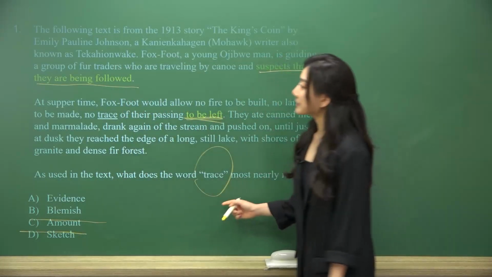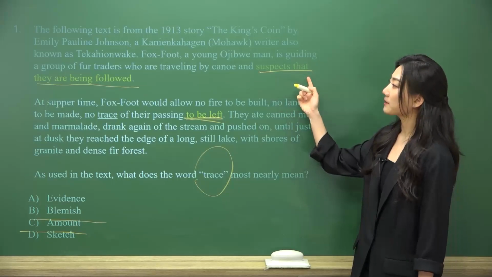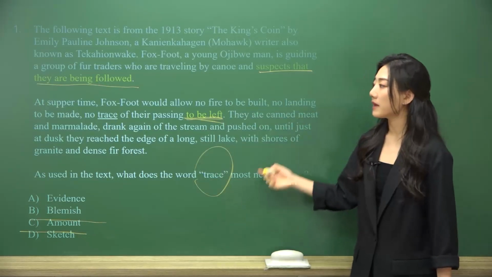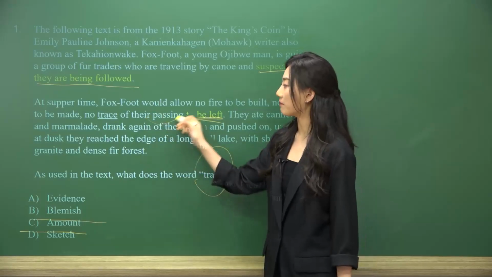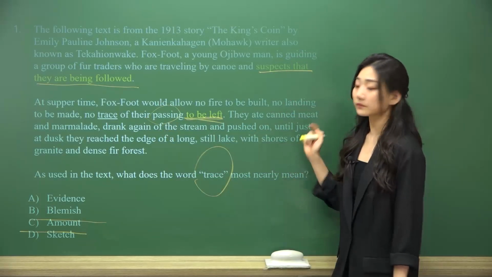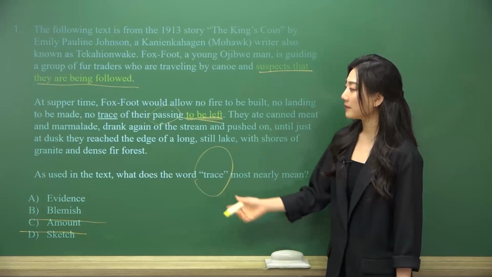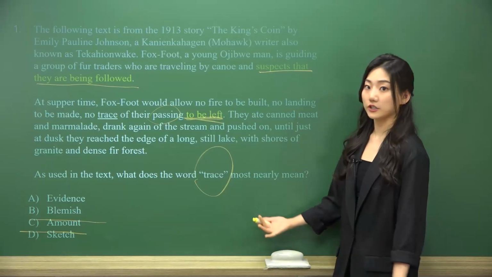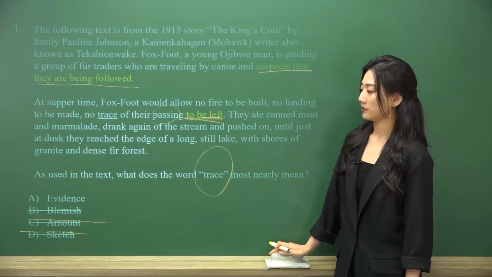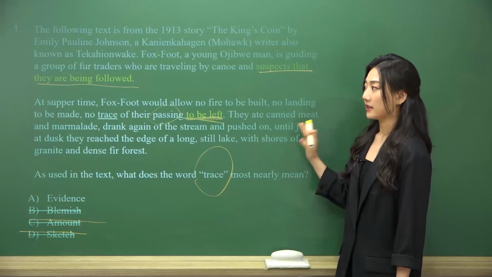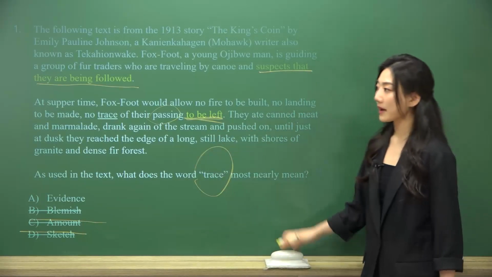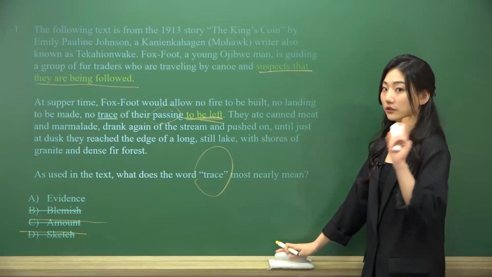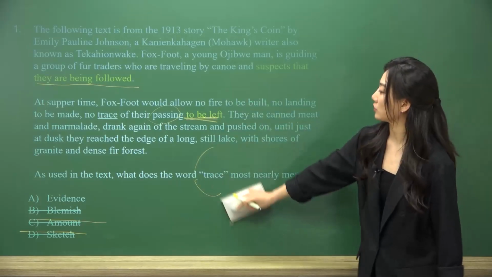And now, understanding that these people suspect that they are being followed, it makes sense that they would want to make sure that no evidence of their having been there is left over. So it's going to be A. Blemish would be kind of contextually irrelevant. So the answer is A. We are going to now have to better understand the vocab passages as opposed to just looking for the hint, like we've been doing before.